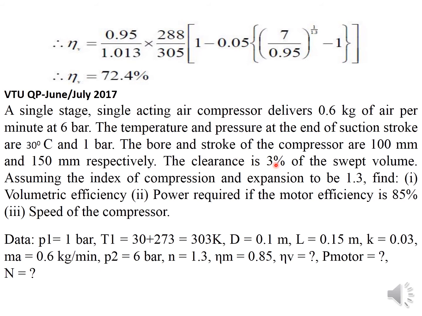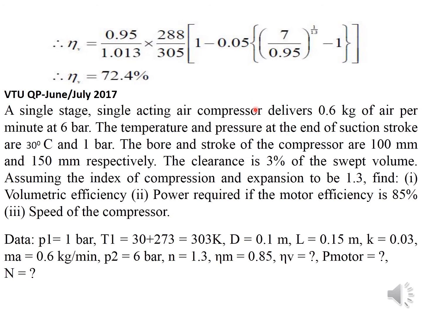The clearance is 3% of the swept volume, as in the earlier problem we have seen. It comes to 3 by 100, which is 0.03. If 3% is given, you should take K as 0.03. Clearance means VC, swept volume VS, so VC by VS is 3%, that is 0.03. Assuming the index of compression to be 1.3, as usual in the earlier problem, calculate the volumetric efficiency.